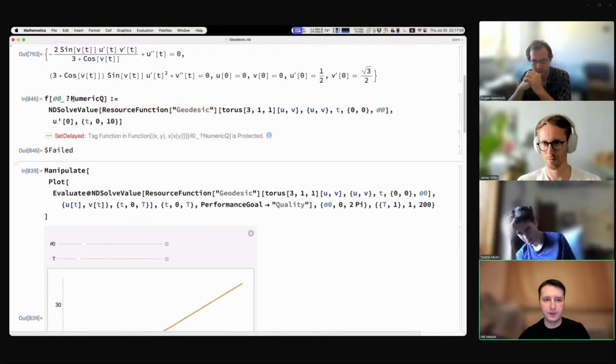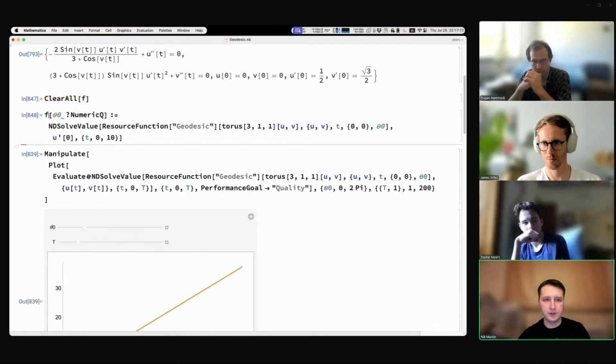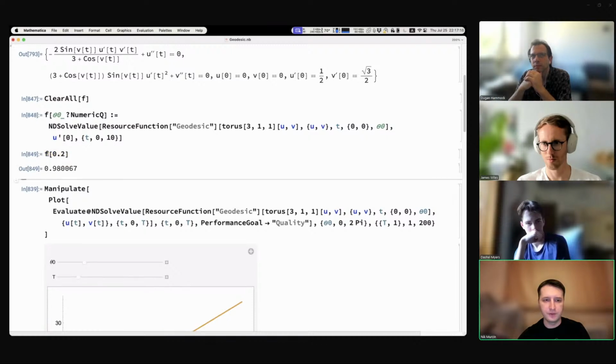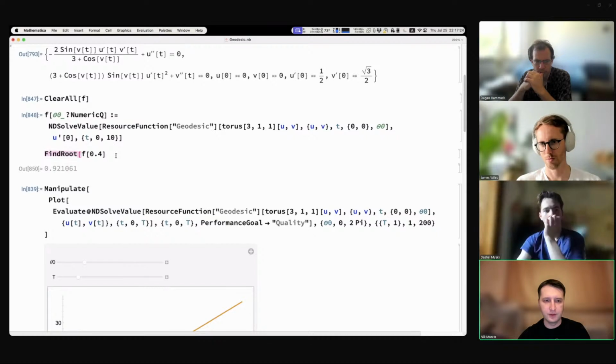Just numeric. I already have it, and so that's just some number. Okay, we do some kind of find-root thing when it crosses 0.